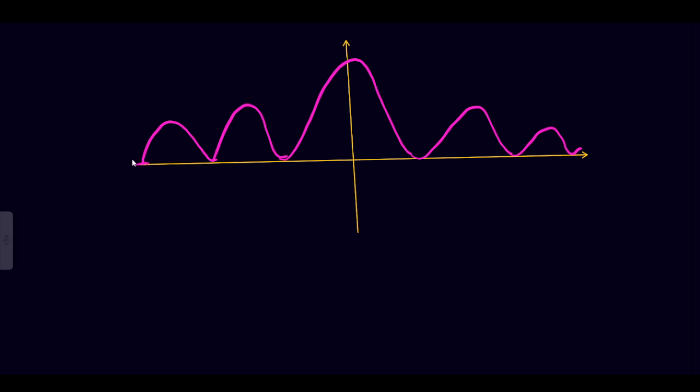This is the central maxima, where the intensity is I naught. Here this is lambda by a. At the lambda by a location there is a minimum, then 2 lambda by a, next 3 lambda by a, and on the other side minus lambda by a, minus 2 lambda by a, minus 3 lambda by a.